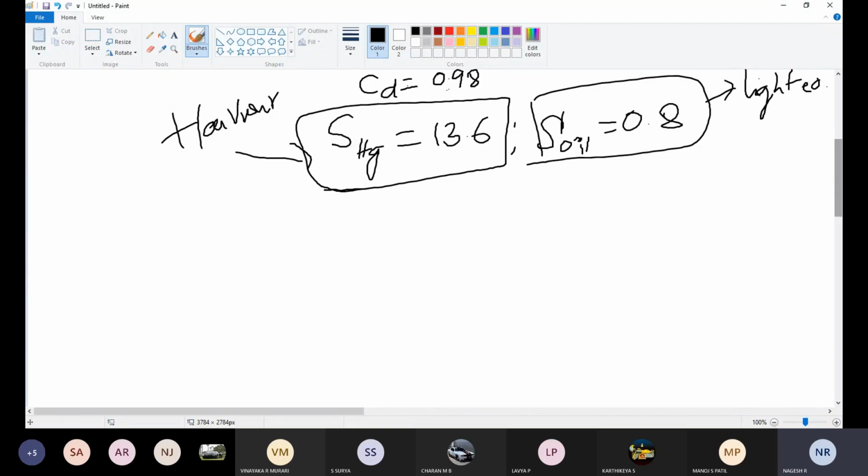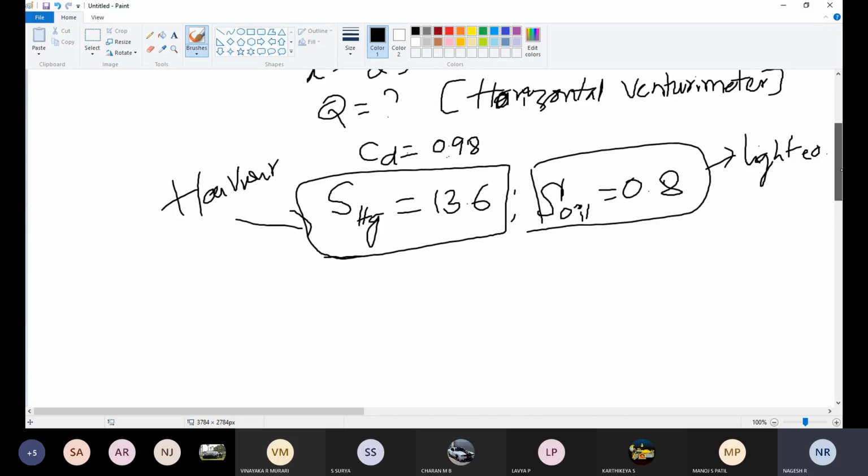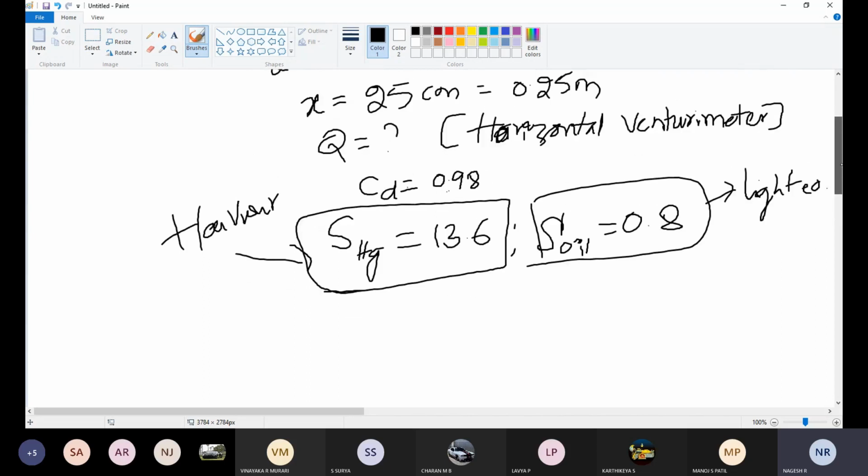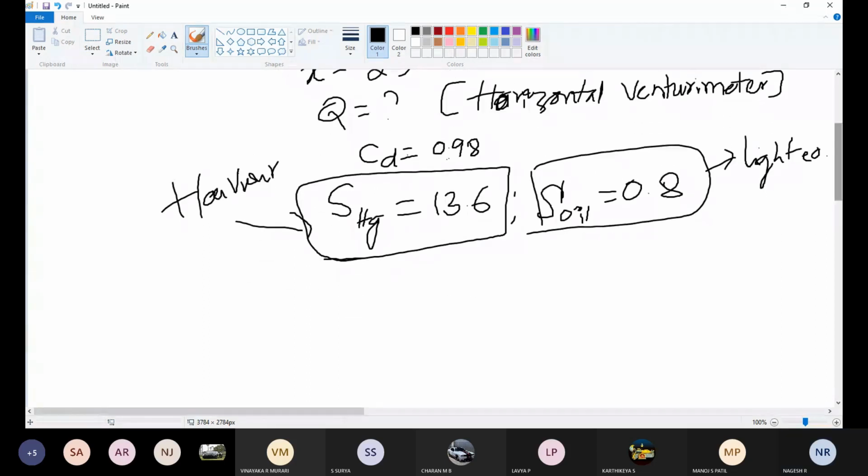Suppose, I will give the clarity here itself. Suppose in the manometer, if water is taken, then the flow of the oil in the pipe is taken. So then what was the formula to find out H?